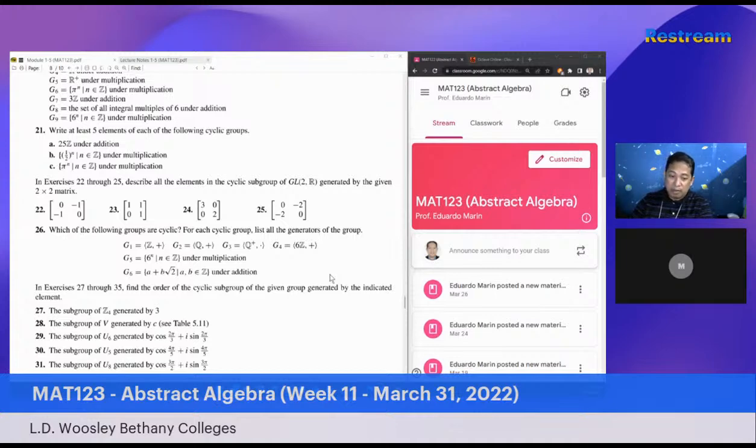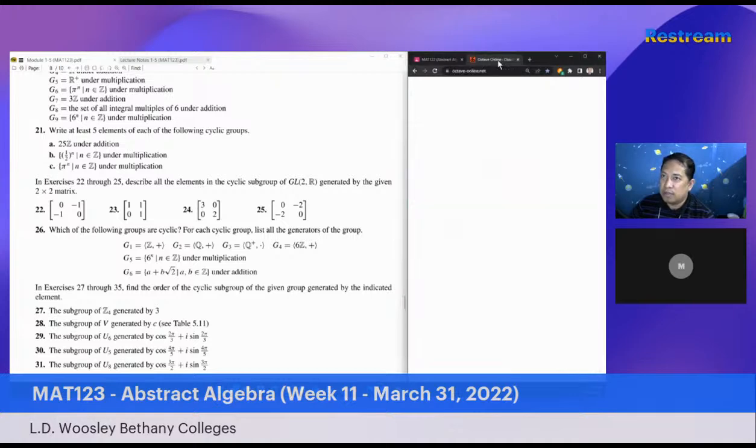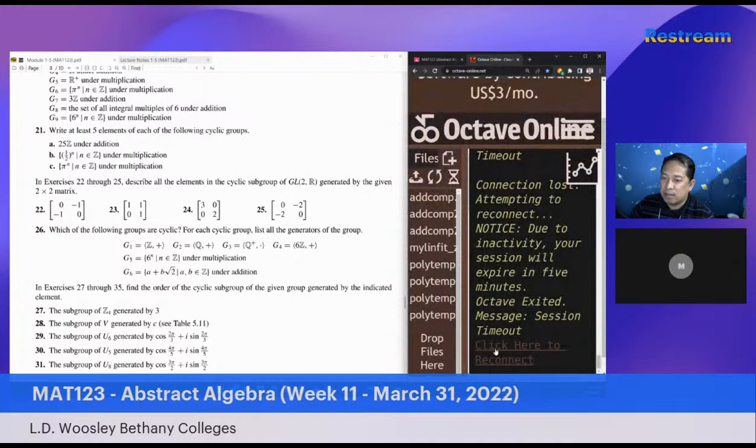Okay, how about number 23? Okay, describe the elements. So this time, okay, I will illustrate using our Octave here.